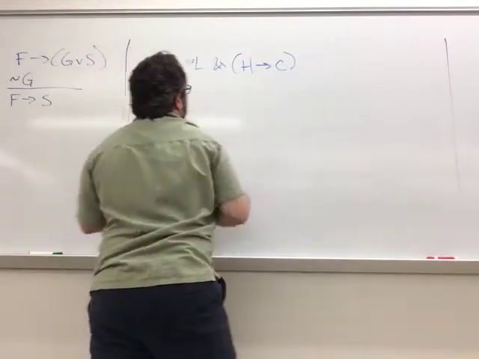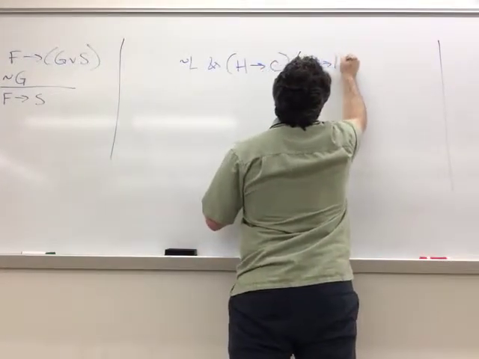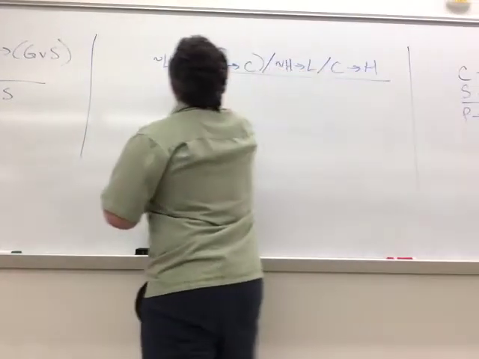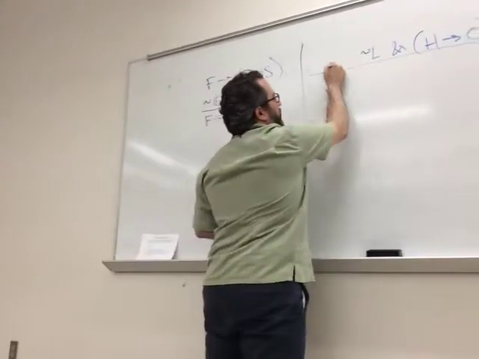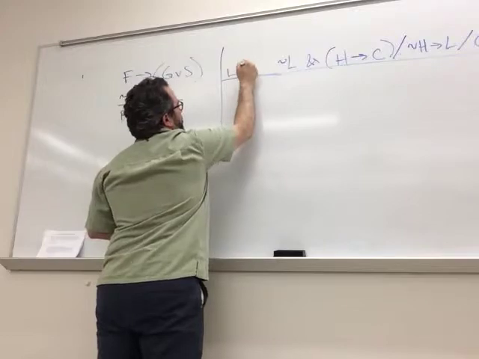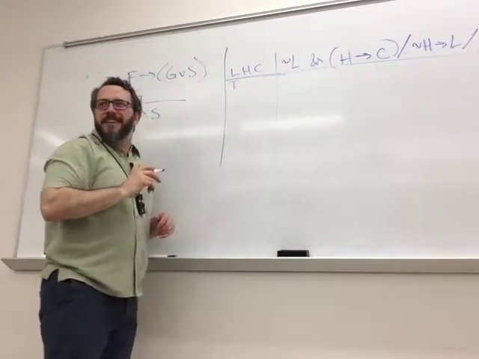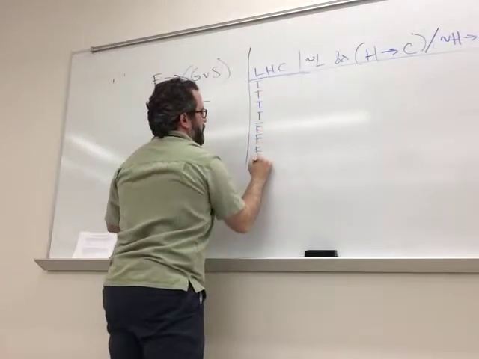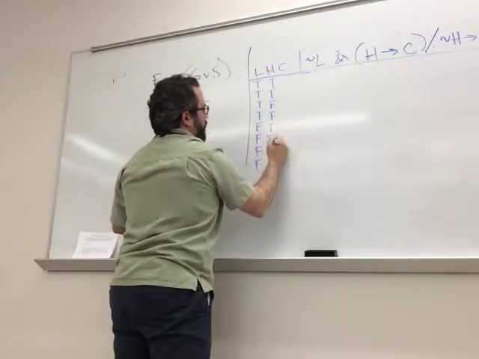If not H, then L. If C, then H. How many different terms do I have going on here? 3, right? I have L, C, and H. How many lines is this going to end up being? 8. All right, so I'll do this as fast as I can, because I know this is the most boring part.